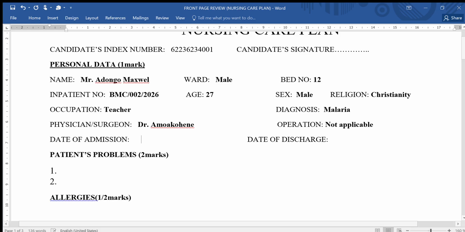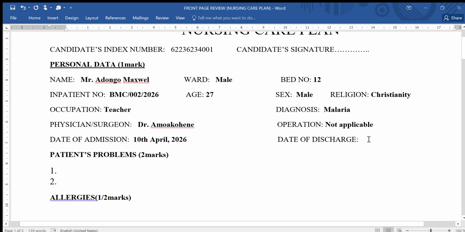Here we expect you to put the date on which the patient is admitted. Our patient is admitted on the 10th of April 2026. That's date of admission. One more piece of information is date of discharge.